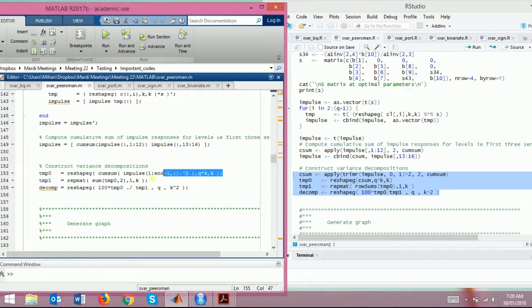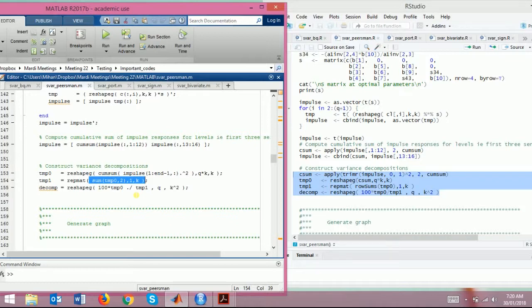Oh yeah, because we didn't have N square here, because decomposition is not only moving average, it's also autoregressive. So for this we need to repeat the matrix one more time, and then we need to divide them.